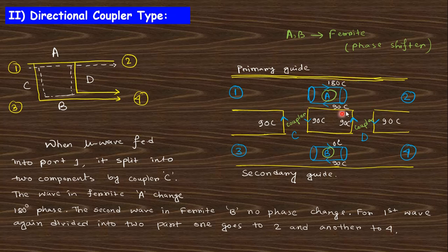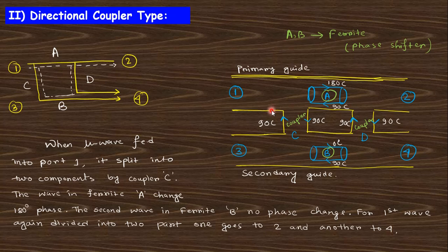When right to left, this is 90-degree clockwise rotation, and this is left to right 0 degree and right to left 90 degree. And in this coupler, when we come from up and down anywhere you get the 90-degree clockwise rotation. Here also the same thing, when you come from down to up or up to down, you get 90-degree clockwise rotation. I think that is clear.